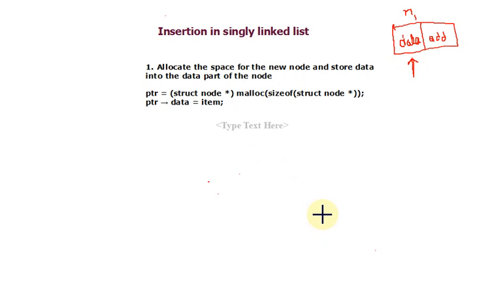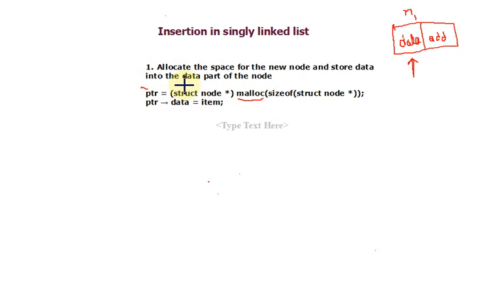We need to allocate the space, and this malloc function stands for memory allocation. And whenever you use malloc function, you need to include the header file for this specific function. So with the help of this ptr and with the help of the struct. A struct is the structure we created at the first position, which I already discussed in the previous video lecture.